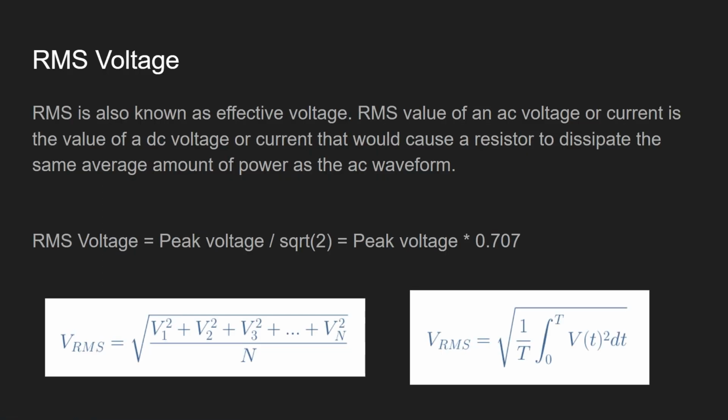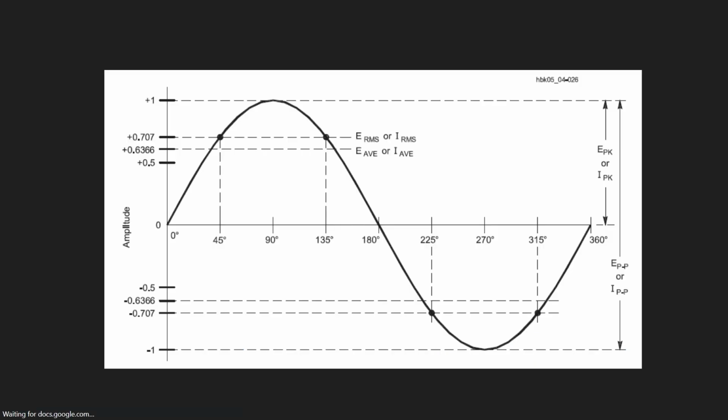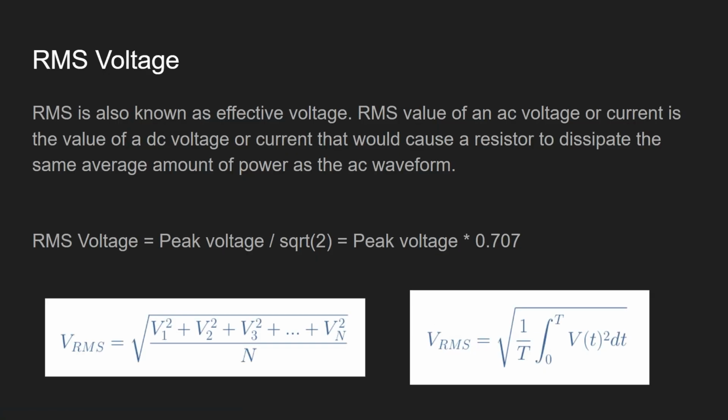So I'll have to go through the RMS value. What is the RMS value? You just have to memorize that RMS equals the peak value times 1 over root 2, which is 0.707.